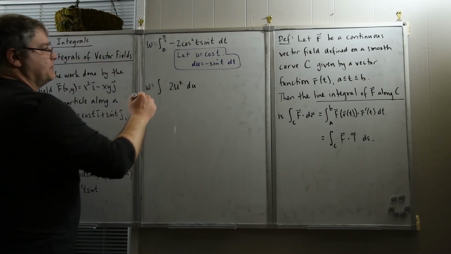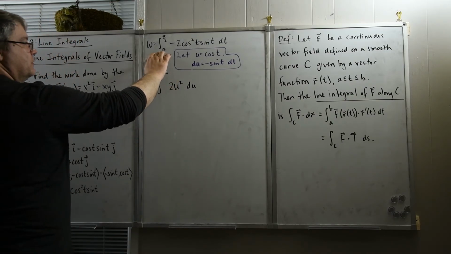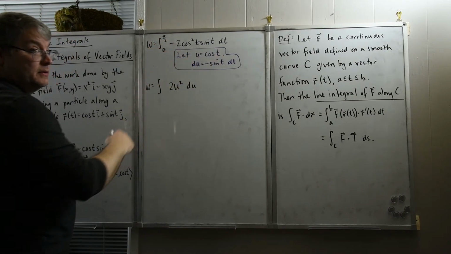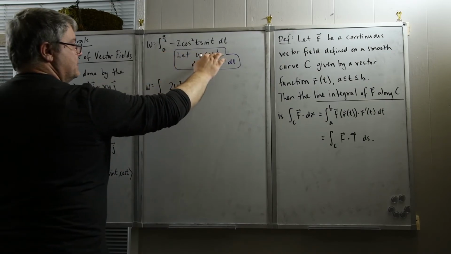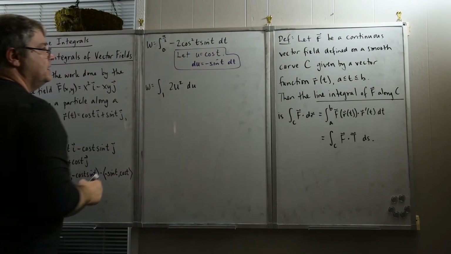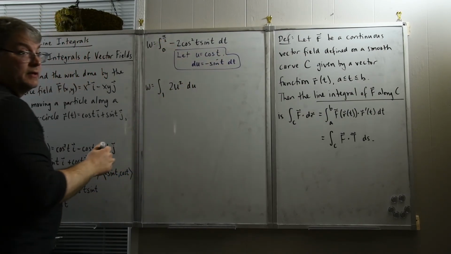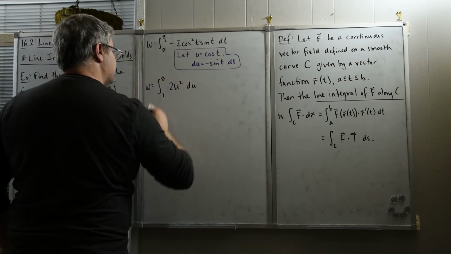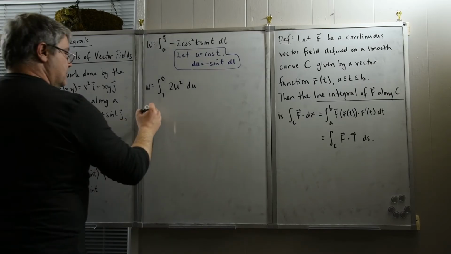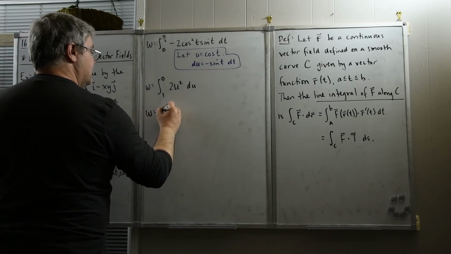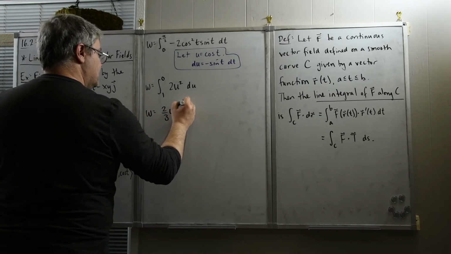All right. So now, limits of integration, we'll take these t values and plug them into the substitution equation. Plug in 0 for t, u is cosine 0, which is 1. And if you plug in pi over 2 for t, you get u is cosine pi over 2, which is 0. And so W is going to be 2/3 u cubed.